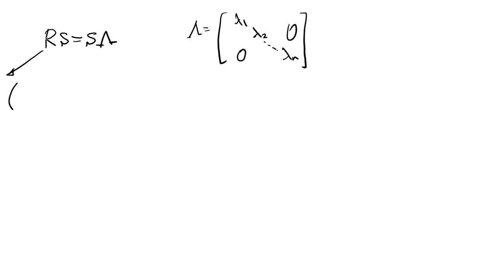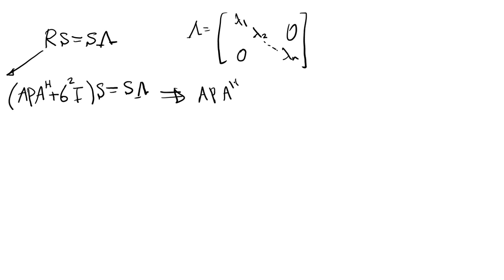I substitute R with A P A Hermitian plus sigma squared I, and we will have A P A Hermitian S equals S times (Lambda minus sigma squared I).